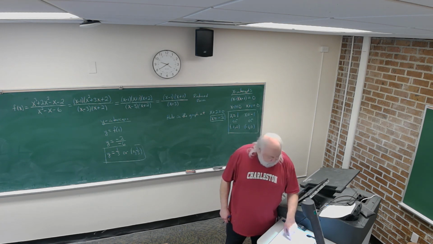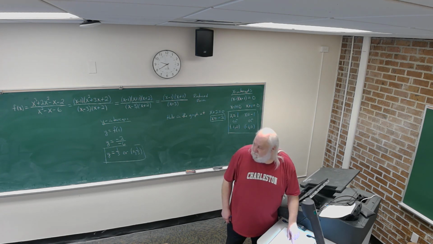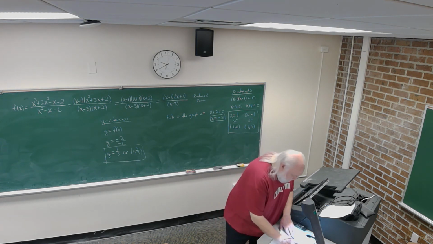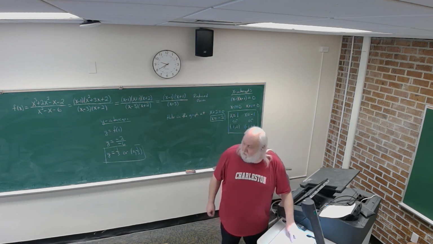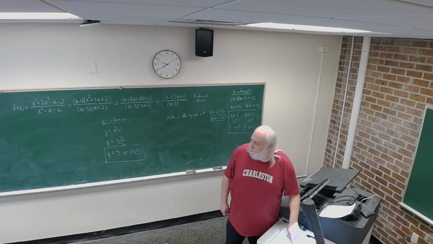Now for the left-end behavior, we look at large negative values of x. I started at minus 10, then minus 100, then minus 1,000, and so forth. Each succeeding value of x is larger in absolute value than the previous one.